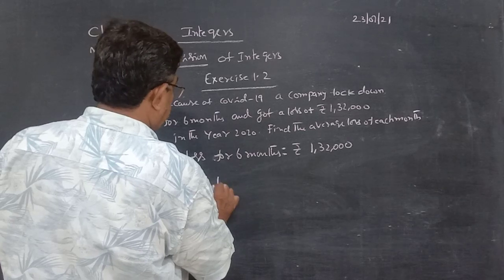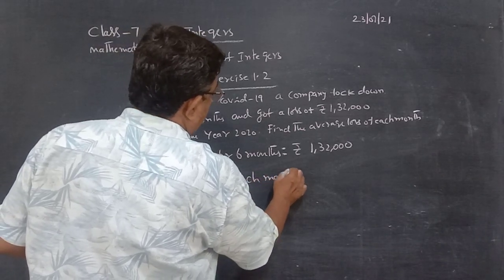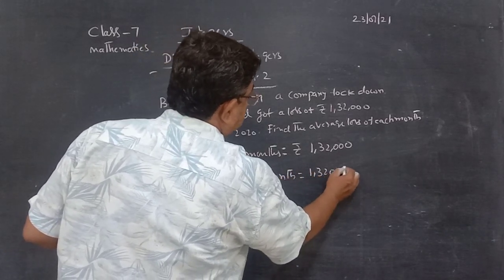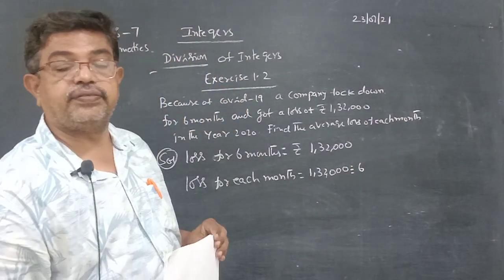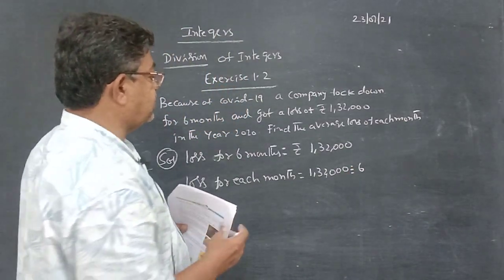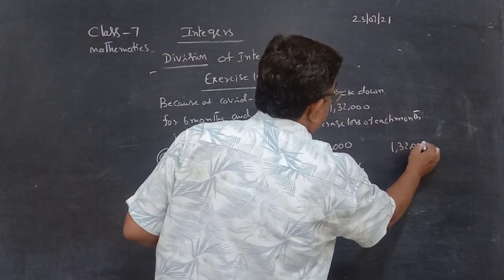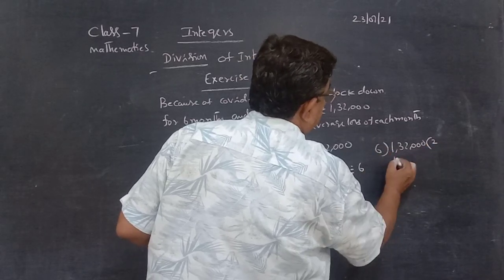Loss for each month, or average loss for each month, is equal to 1,32,000 divided by 6. So we do the division in the rough column. 1 is not divisible, so take 13. 6 2s are 12.